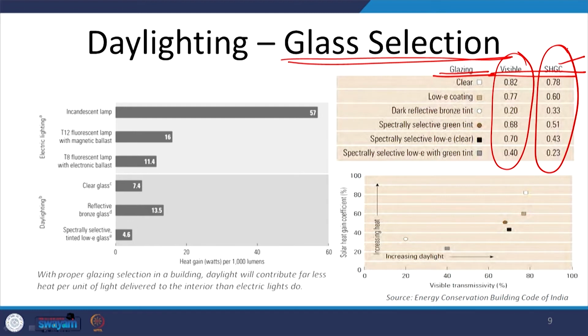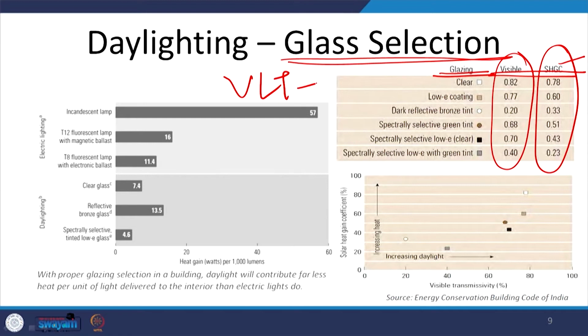If it is a smaller window, maybe a clearer glass can be provided, while if it is a large window, a glass with low VLT may also bring in a sufficient amount of light. So, there are two things to be compared: VLT with SHGC, and WWR in combination with VLT.